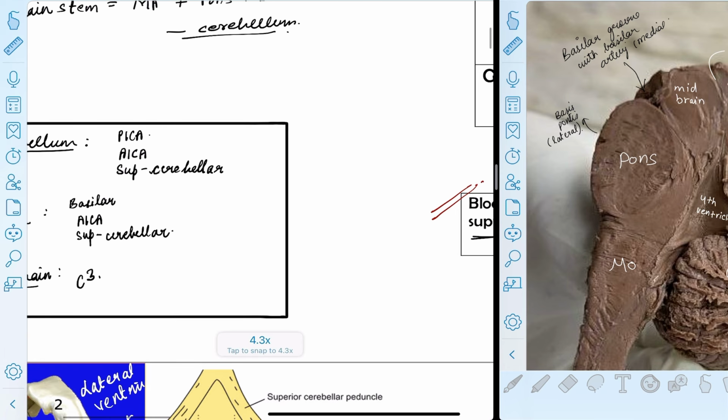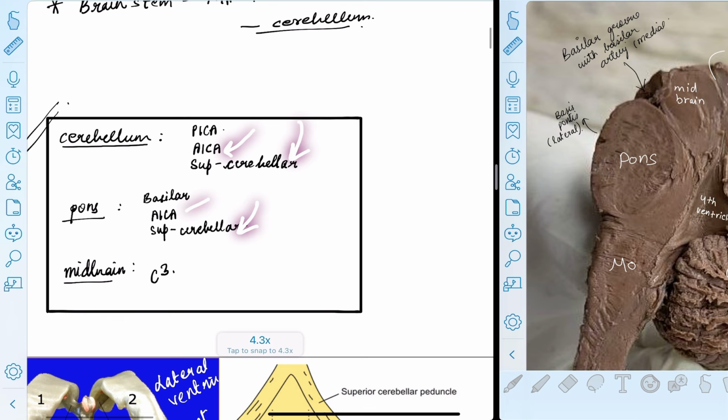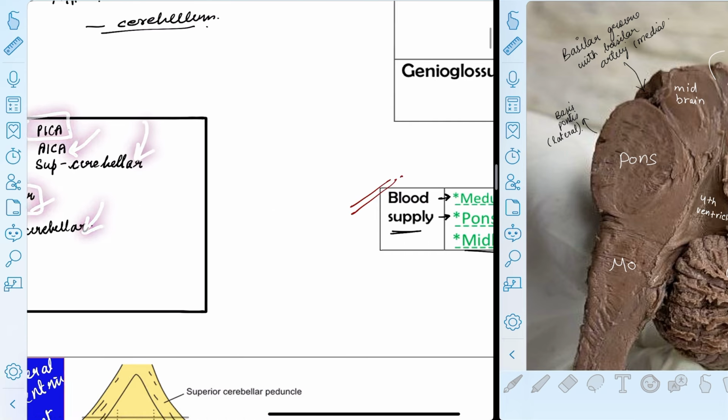So if it's always superior to cerebrum, I can remember that cerebellar has to be superior. If we are talking about anything superior, they're talking about cerebellar, related to cerebellum. So superior cerebellar, AICA. The only difference is in cerebellum there is PICA, but in pons there is the basilar artery.